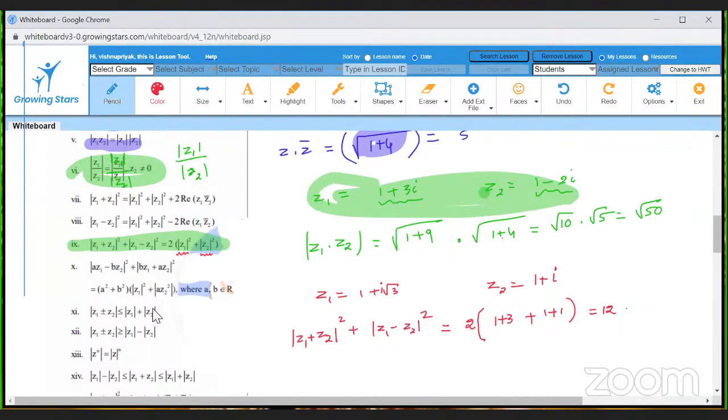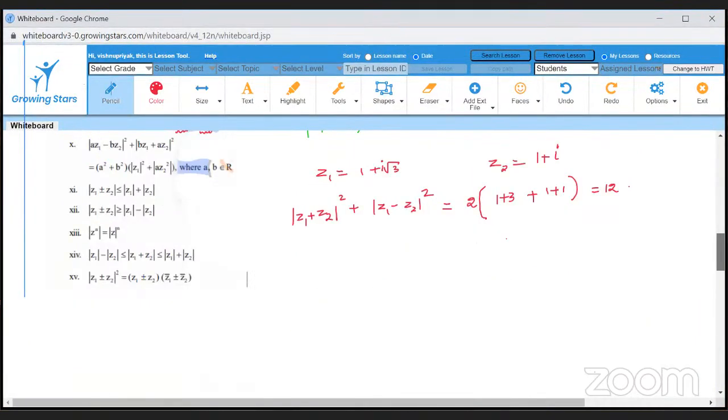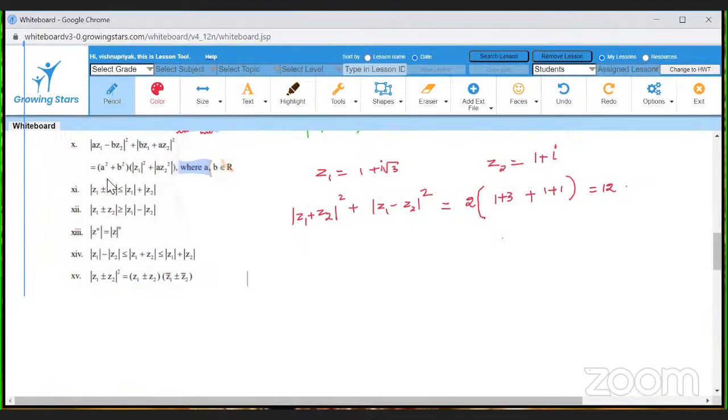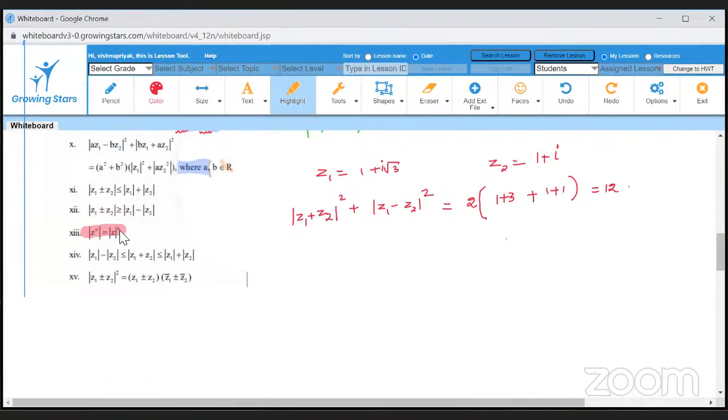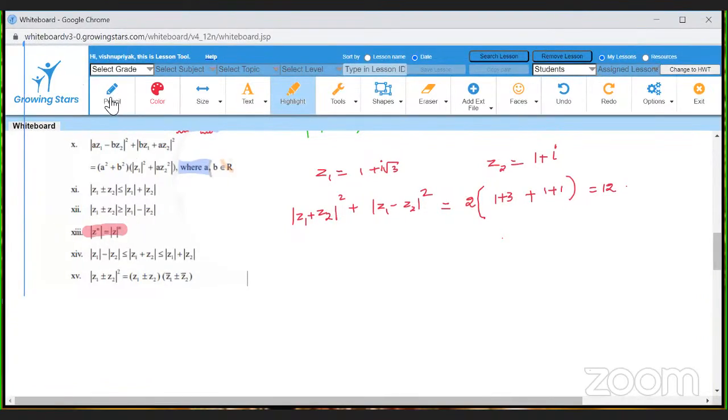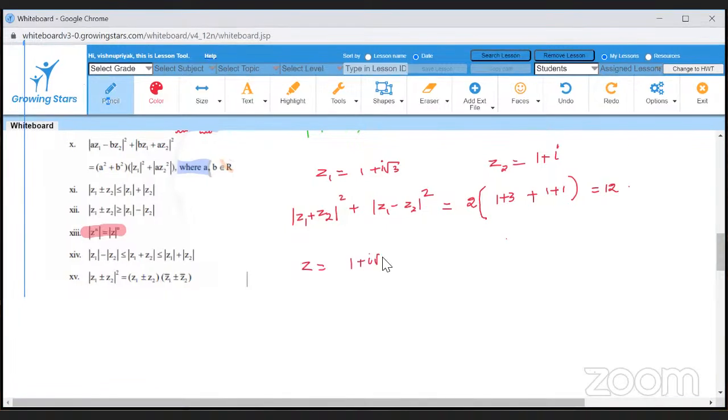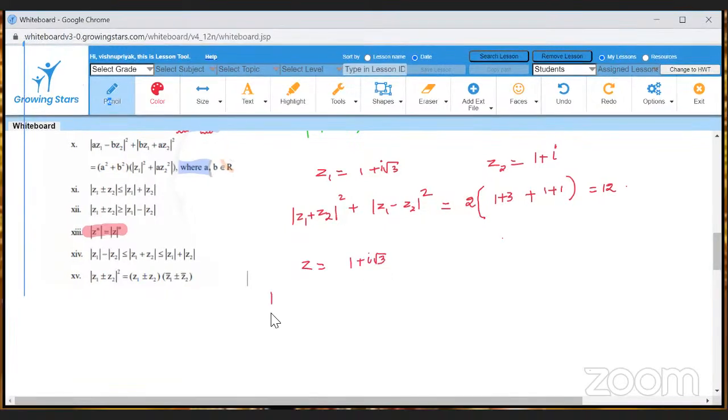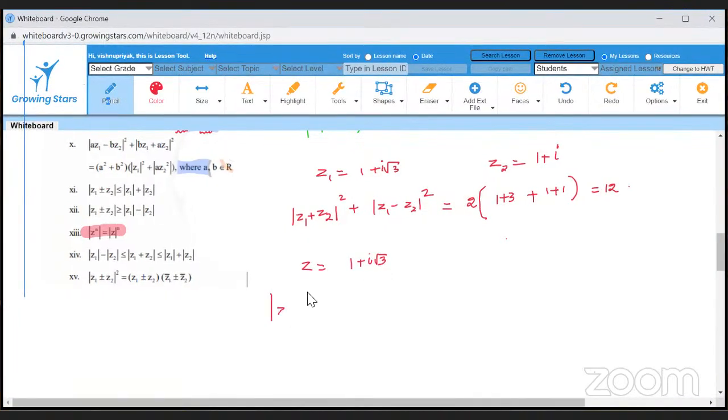Like this, all shortcut methods. A few formulas I have highlighted. You can do the remaining also. This formula is also interesting. Mod of Z power n is mod of Z power n. Suppose I give you Z is 1 plus i root 3, and I ask you mod of Z power 5.